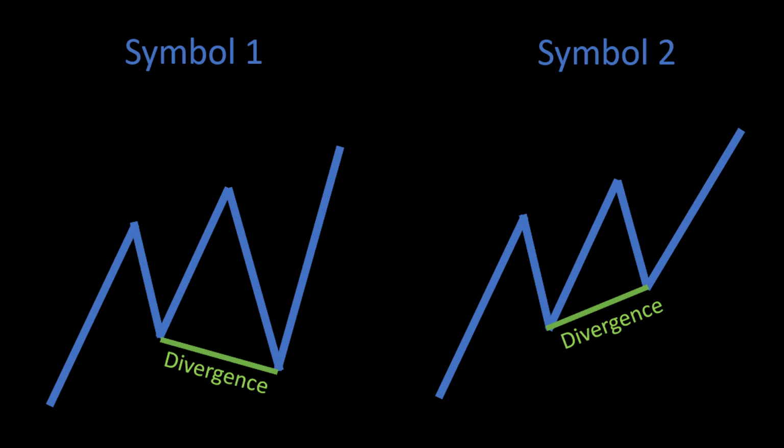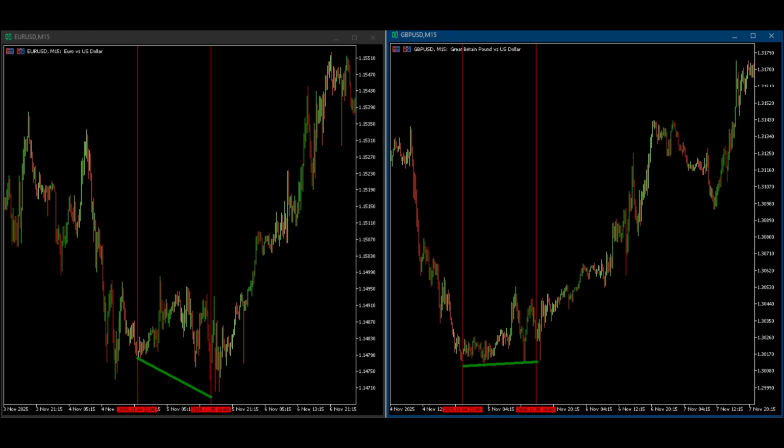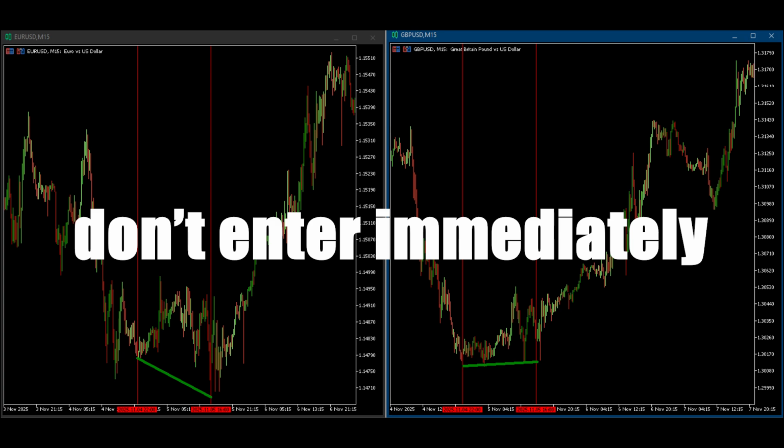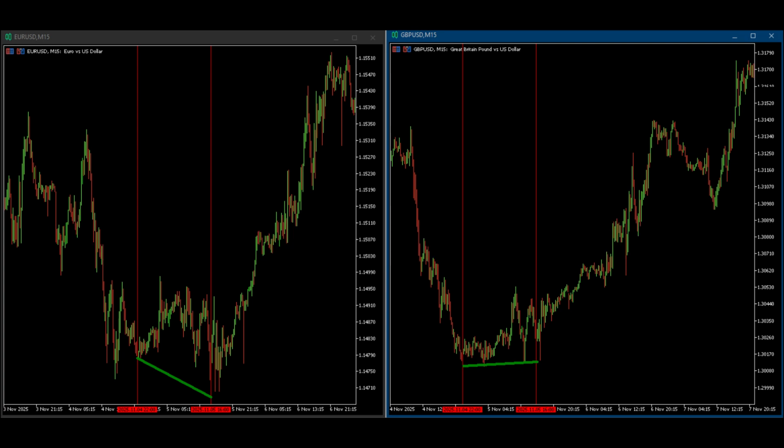Let's break this down step by step. The concept is simple. When you see divergence on your chart, don't enter immediately. Instead, check the correlated symbol. If both charts confirm the same story, the divergence is trustworthy. If the second chart does not confirm the divergence, it means your chart is giving you a trap. Here's the logic.